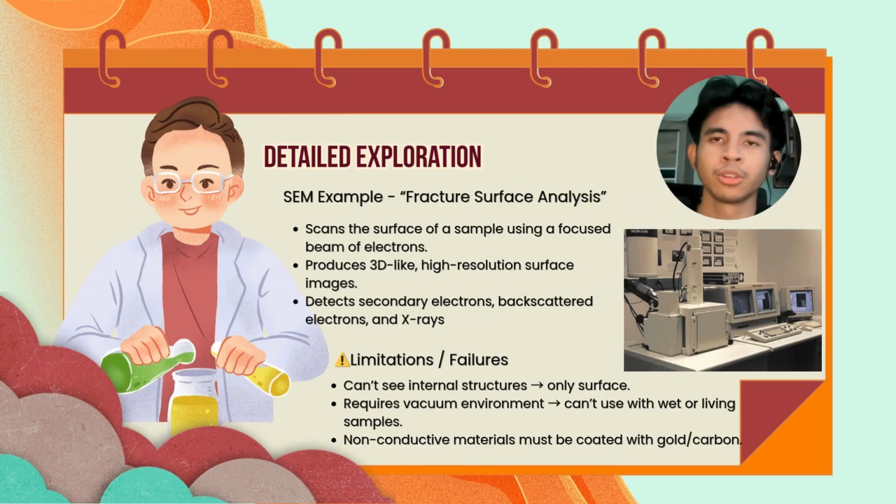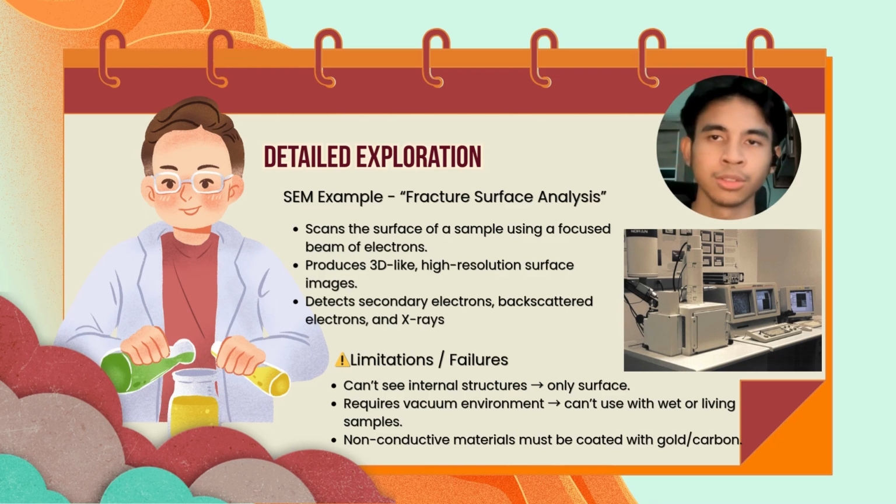So now I'll be talking about the scanning electron microscope, the fracture surface analysis. I'll be talking about the functions and the limitations. So the function is that it scans the surface of a sample using a focused beam of electrons. It produces 3D-like high-resolution surface images, and it detects secondary electrons, backscattered electrons, and X-rays.